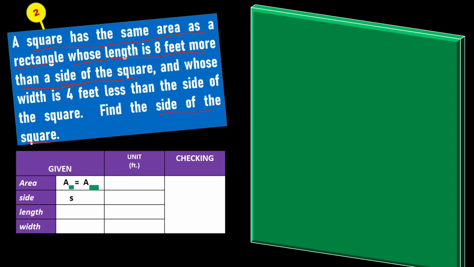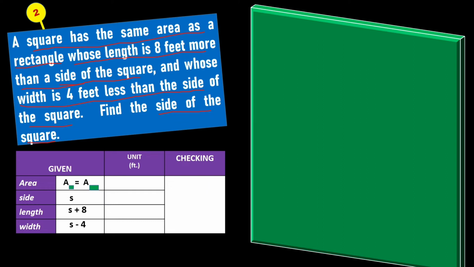So, yung length daw ng rectangle ay 8 feet more than the side of the square. And then the width is 4 feet less than the side of the square. So, yung width ng rectangle is 4 feet less than the side of the square.